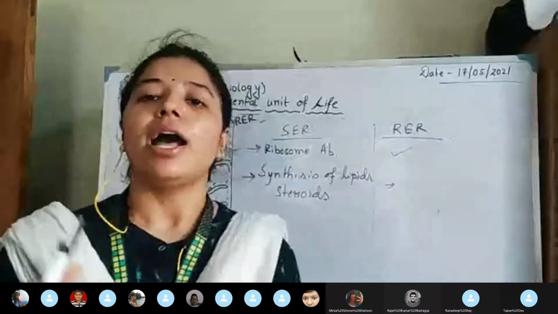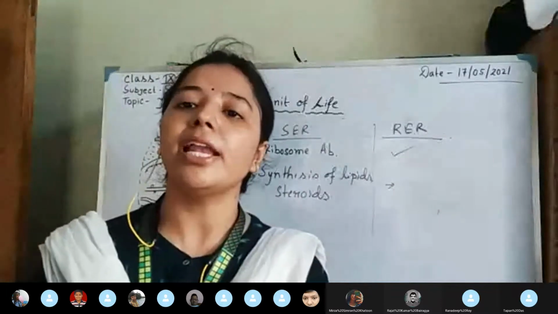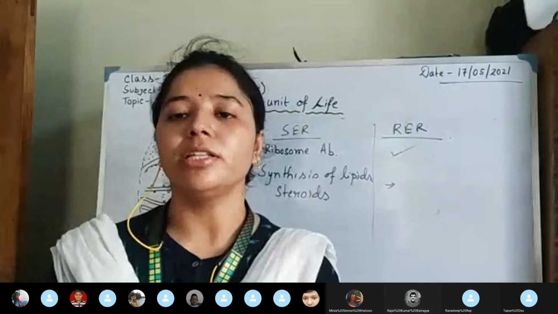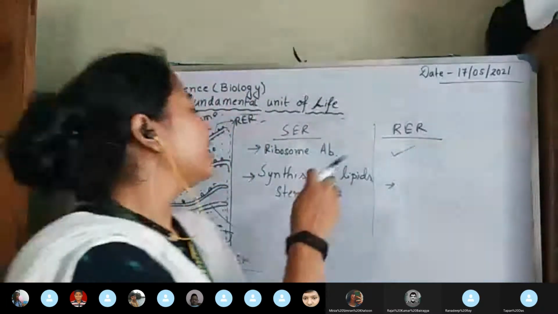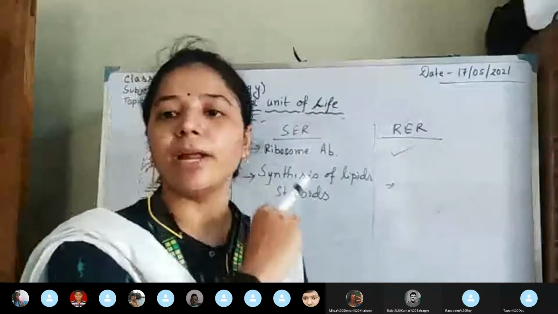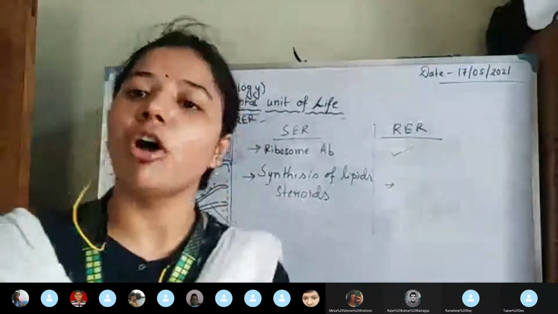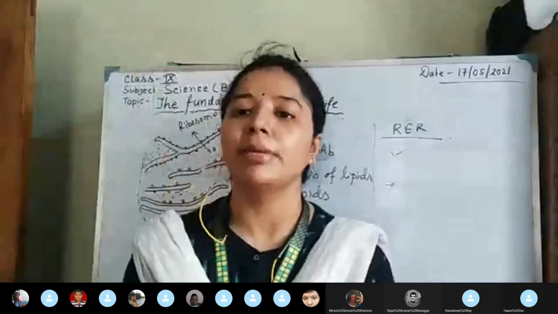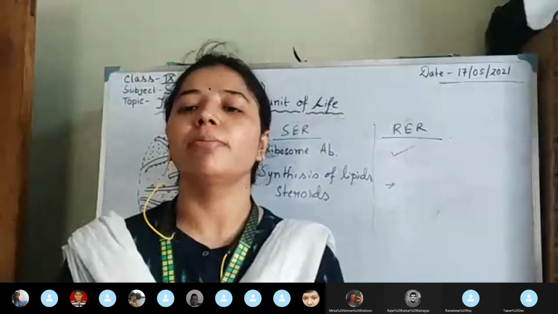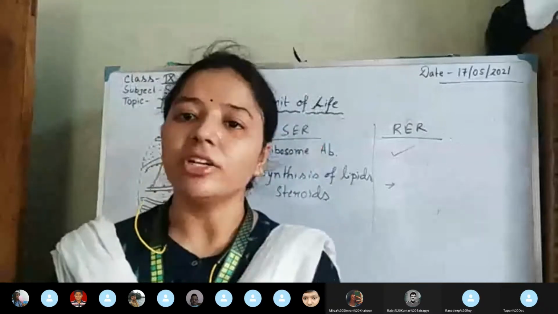Lipids, as you have learned, the plasma membrane is made of PLP, meaning protein, lipid, protein components. So these lipids are synthesized by this smooth endoplasmic reticulum. And also steroids. Steroids means hormones. Hormones are chemical messengers; they flow through our bloodstream to our tissues and the target organs.